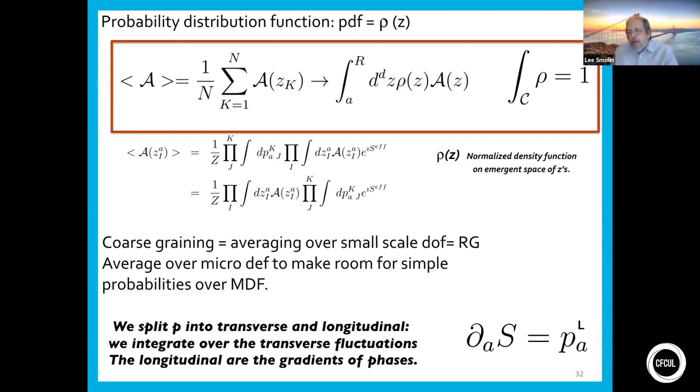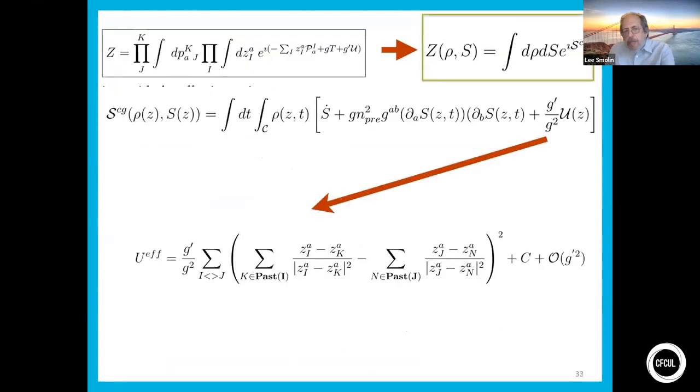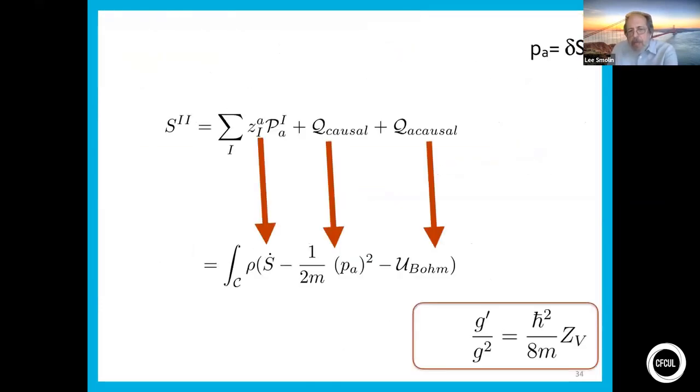The other transverse degrees of freedom of the momentum we integrate over and end up with expressions just related to the gradient of the phase. And I'm happy to come back to details. It's a few stages of calculation.